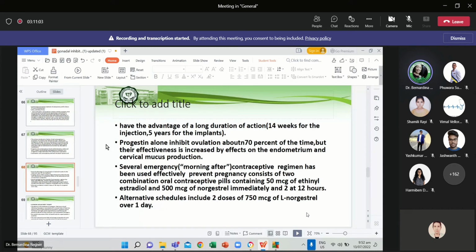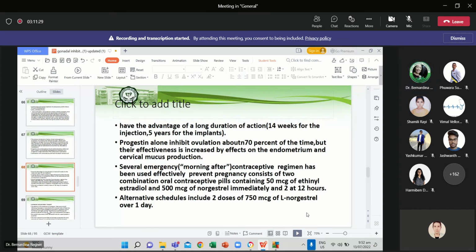That is taken immediately and at 12 hours. Okay? So an alternative schedule can include 2 doses of 750 micrograms of L-norgestrel over 1 day. So these are the variabilities of your intake of your morning after pills.